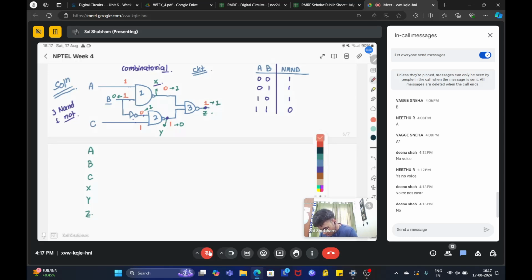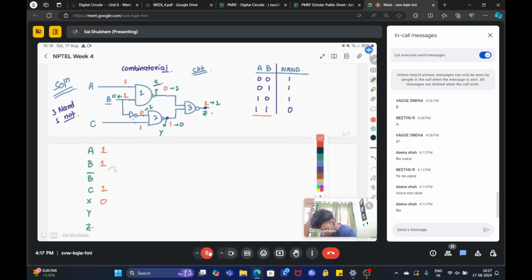Suppose my original signal is A as 1, B as 1 and C as 1. Okay. So what will be the X value? So 1 and 1 will give me 0, right? And okay, wait a second. Let's keep B bar as well. Okay. This is B bar.